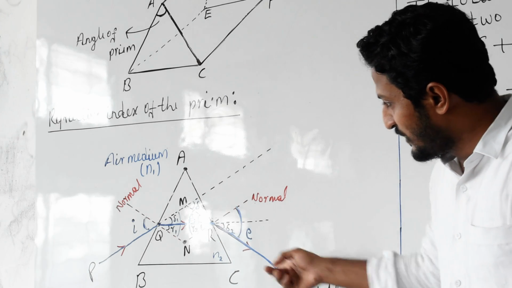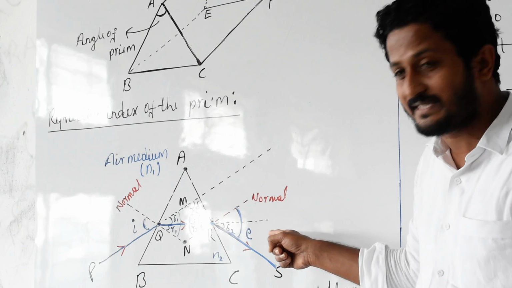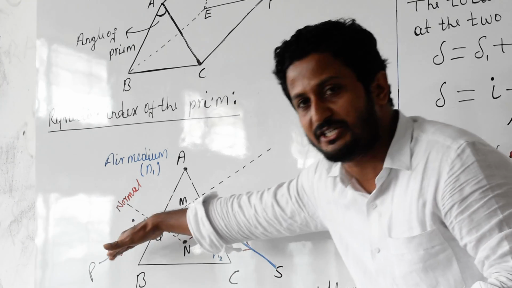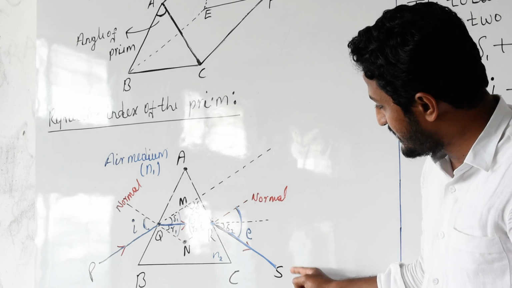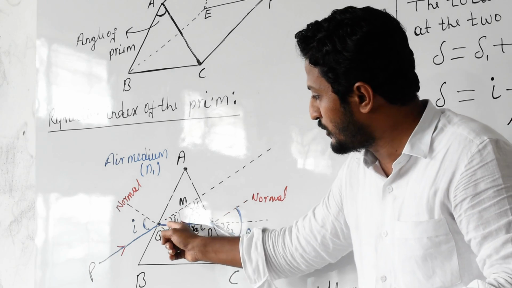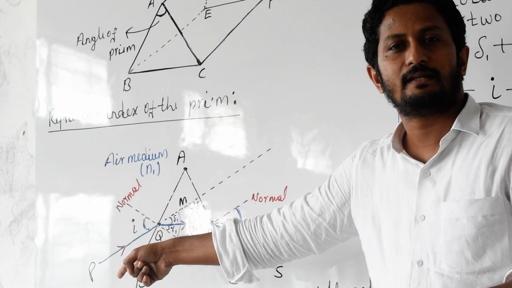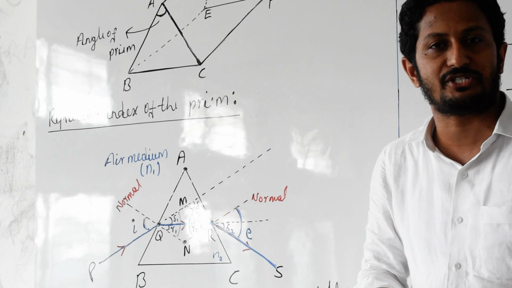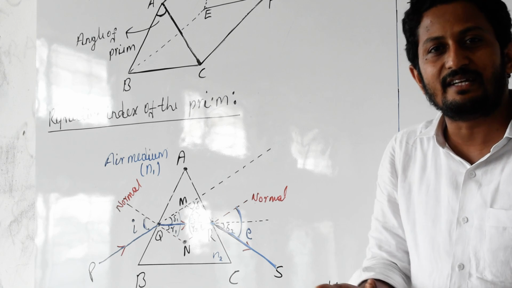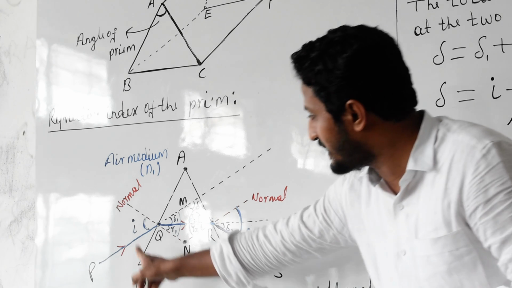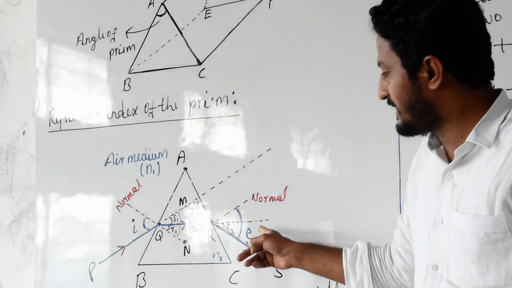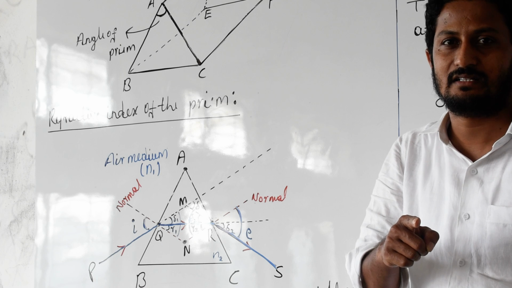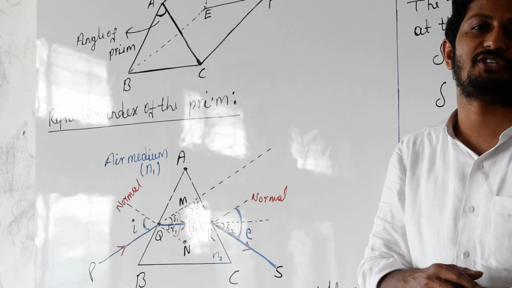If you send with the same angle from this side, going S to R, R to Q, Q to P, then also you get the same deviation. It means that the angle of incidence and the angle of emergence are equal for the minimum deviation case.